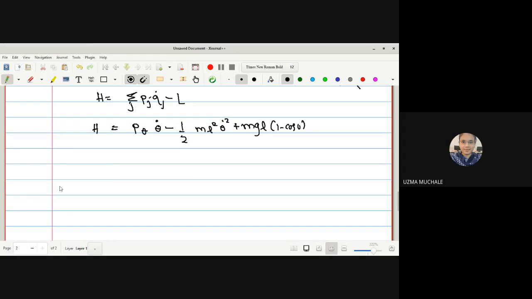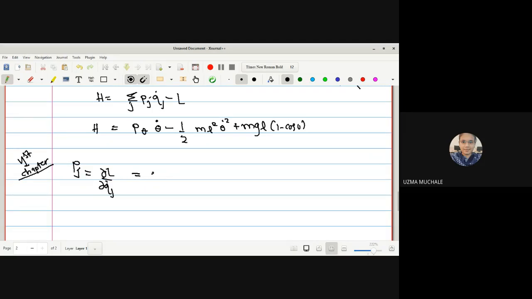Okay, now let me evaluate this by using our generalized momentum equation. What is the generalized momentum equation? Pj is equal to dou L by dou Qj dot. We have written it already in the first chapter. Why am I repeating the first chapter? Because I hope you have started your study for internal examinations.